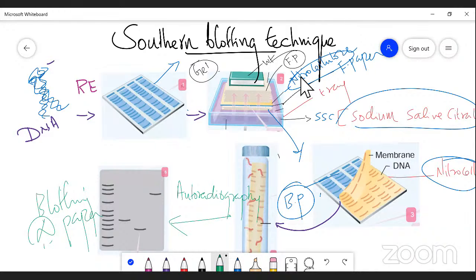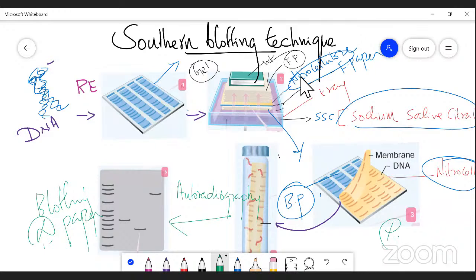Here we can see the third picture, in which a nitrocellulose membrane is fixed. When we separate the membrane from the blotting paper, we can find the copy of DNA fragments fixed on it. Now it is to be transferred into the hybridization bottle.